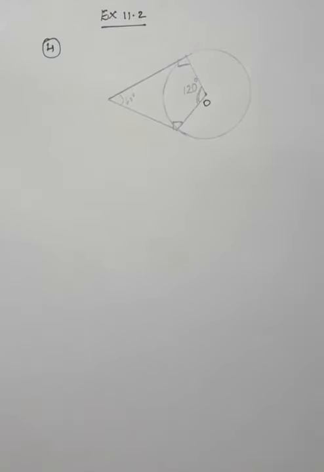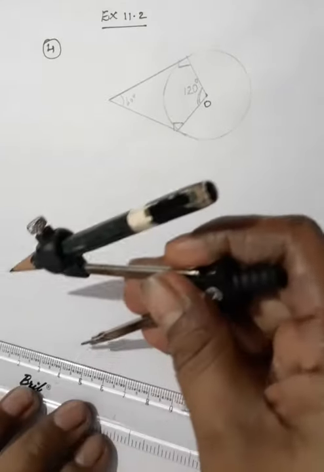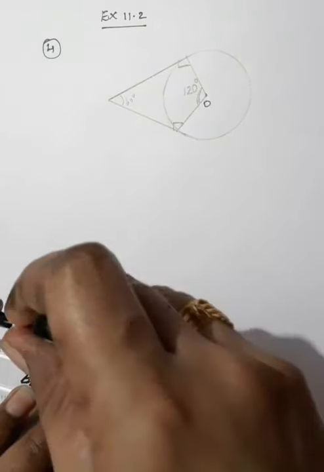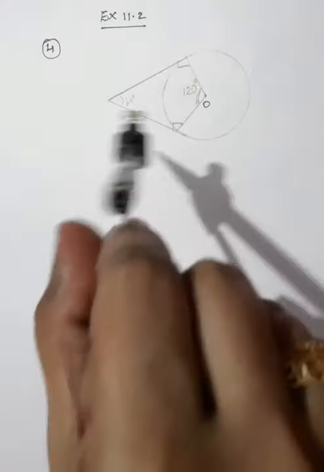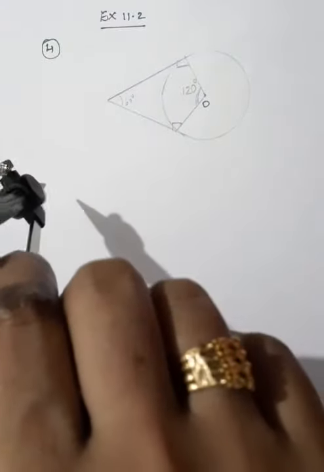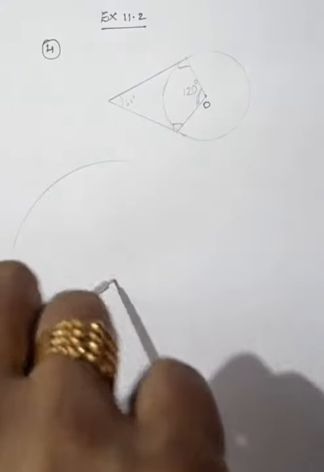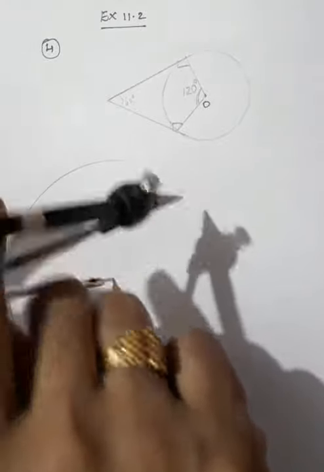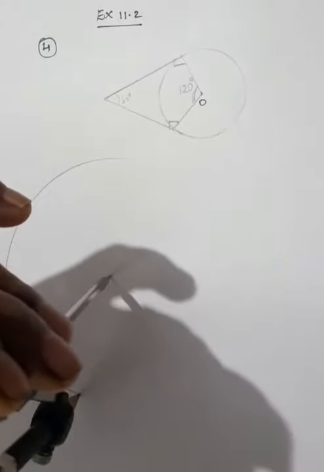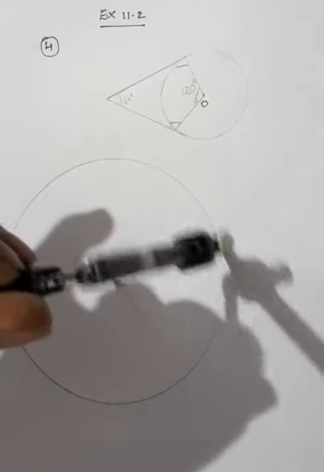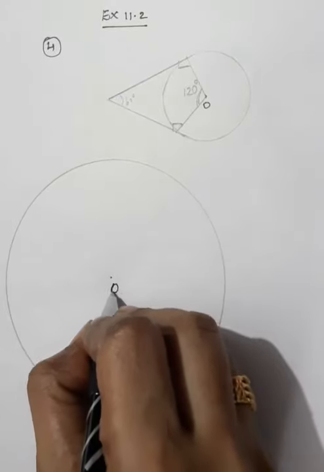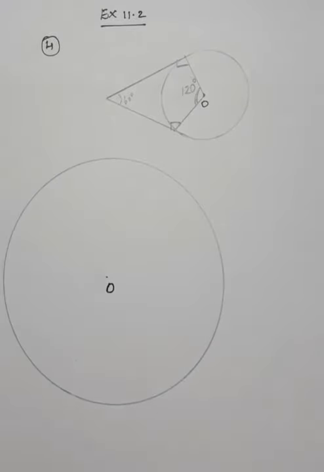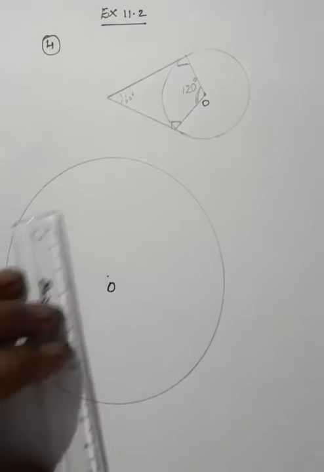So I want to take that 5 centimeter, measure the 5 centimeter from the scale. So this is the 5 centimeter radius. This is the way we want to do, then give the center as angle A. So we are going to construct 120 degree, means you can just draw a radius anywhere.